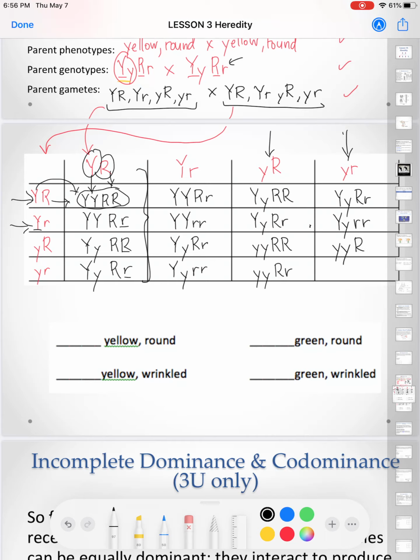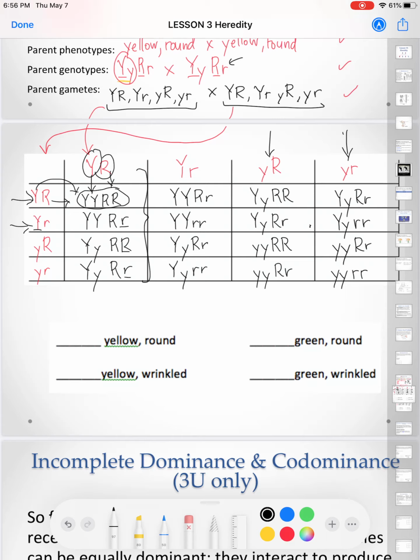Homozygous recessive for the Y's, heterozygous for the R's. And the last one, homozygous recessive for both the Y's and the R's. So now, how do we read this? These are all the 16 possible combinations of gametes for two traits in the offspring.